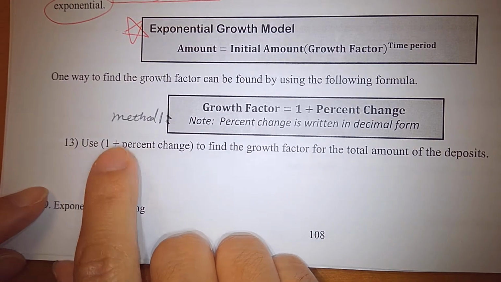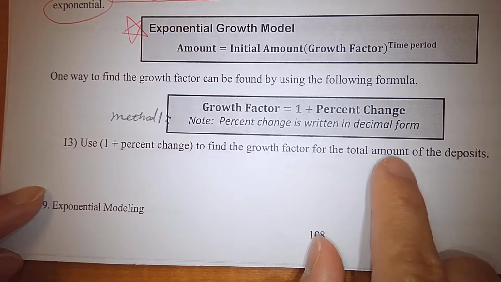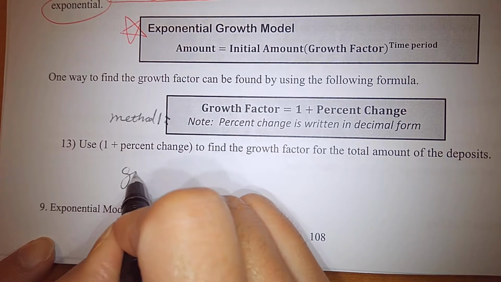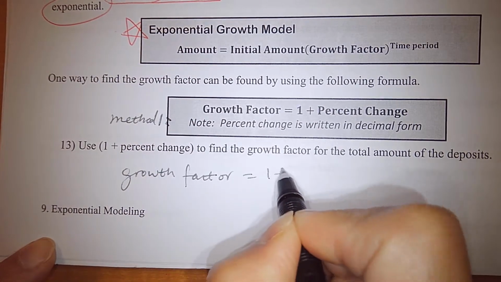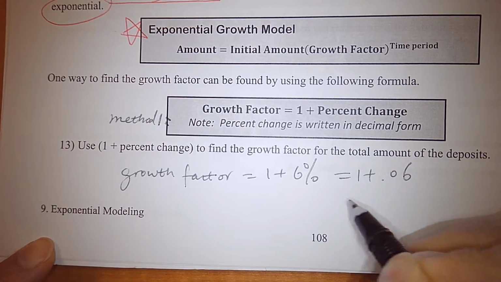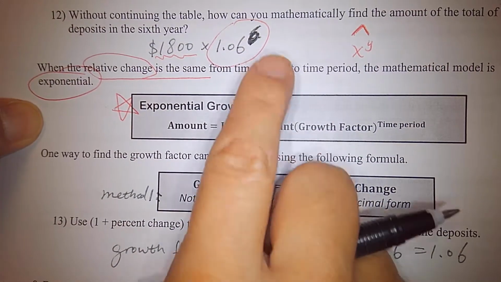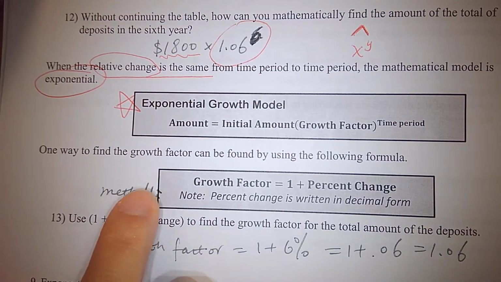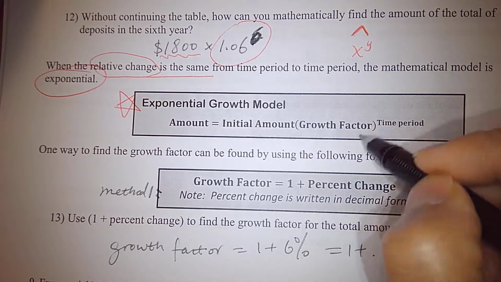Question 13, use 1 plus percentage change to find the growth factor for the total amount of the deposit. The percentage change is 6%, so the growth factor equals 1 plus 6%, which is 1 plus 0.06, giving us 1.06. See? That's the growth factor, and then we put it in the model. This is method 1, 1 plus percentage change, for the growth factor.